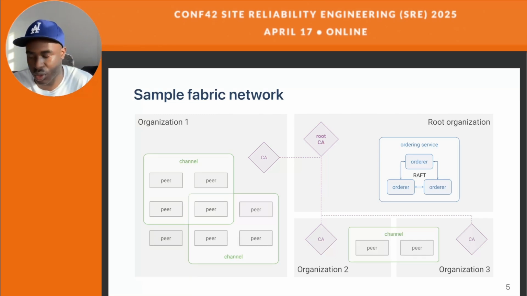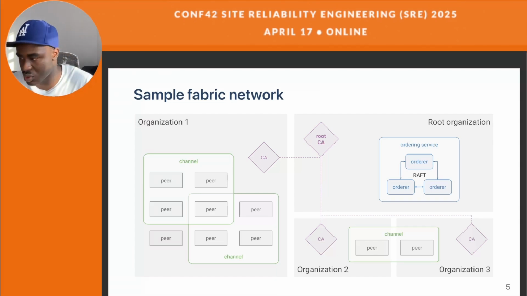A good example of a network that's built for redundancy will have at least 2 peers. Organization 1 is running about 2 peers, and Organization 2 and 3 are running 1 peer each. The ordering service, the root organization, is running about 3 orderers which are built on Raft.